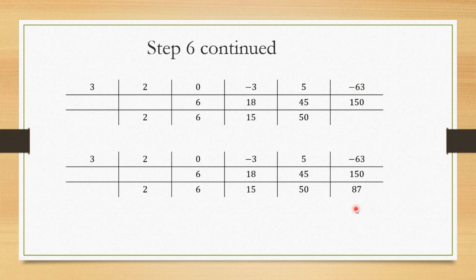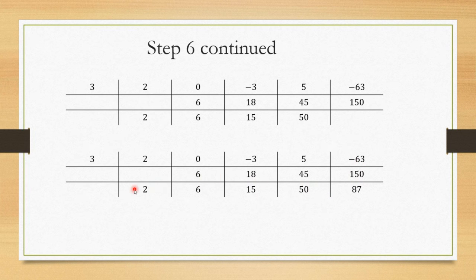The divisor is degree 1. So the remainder here will be 0 or have degree 0. Either way, it's a constant, since the only polynomials of degree 0 are non-zero constants. So we have our remainder. These are the coefficients of the quotient.